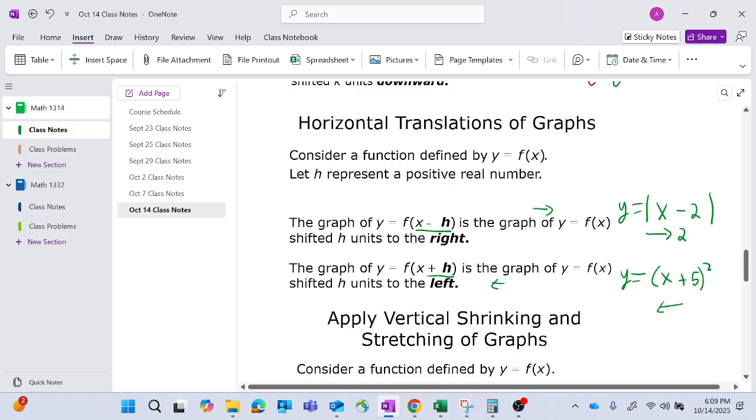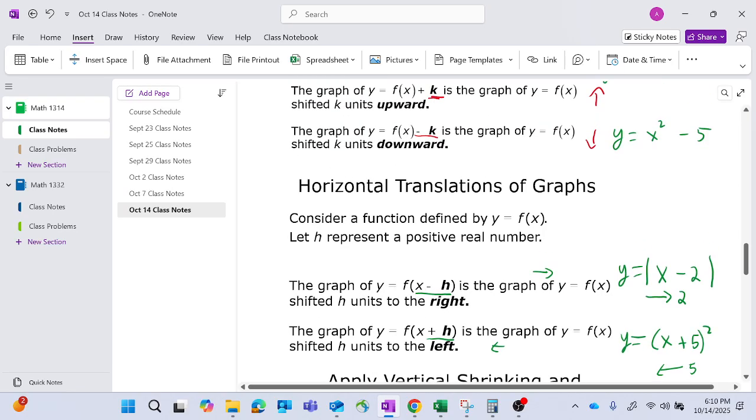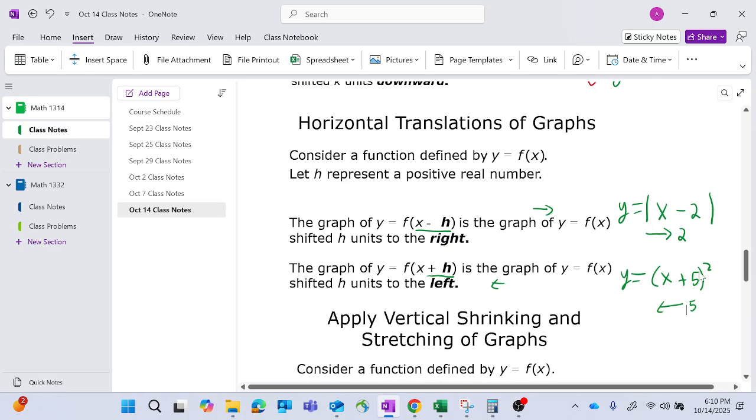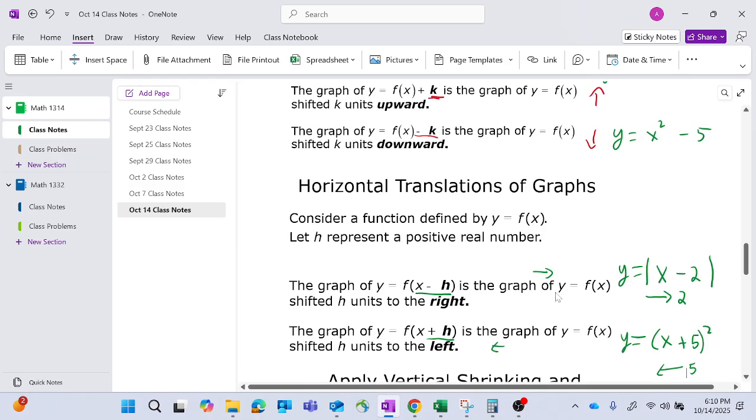Well, this is going to the left 5 because that 5 is right with the x. Compared to before when that 5 was away from the x, kind of was x squared minus 5. Well, that was x squared plus 5. So if the number is with the x like this, it's going to be horizontal. So it's going to be to the left 5 because the x is kind of always the opposite of what you expect. Are we fine with those? Okay.